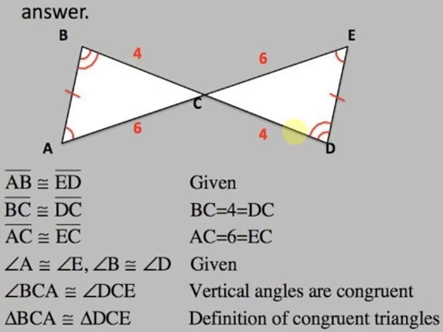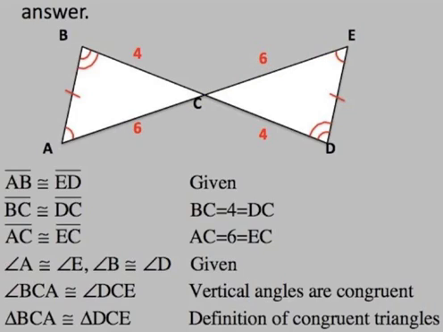And the distance from D to C is 4 as well. We also know that segment AC is congruent to segment EC because we are also given the distances from A to C, which is 6, and the distance from E to C, which is 6 as well.